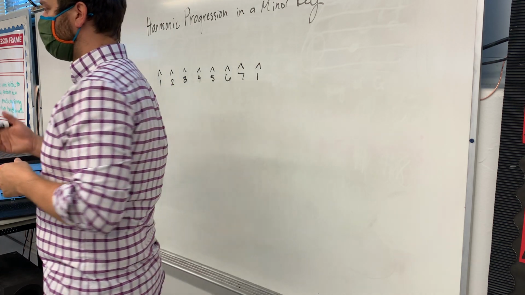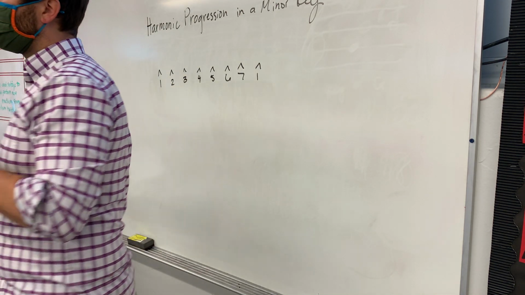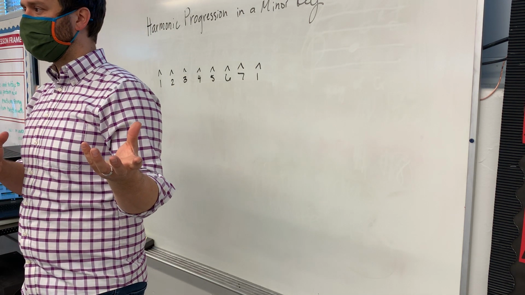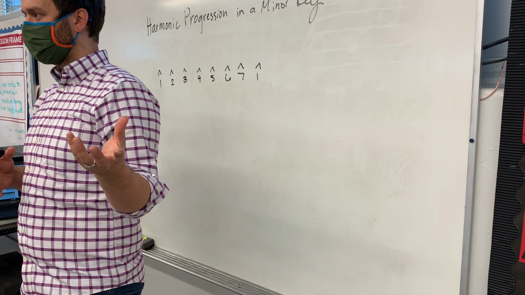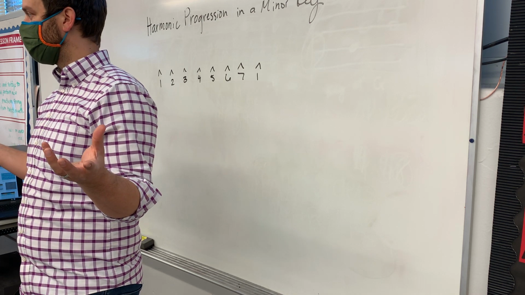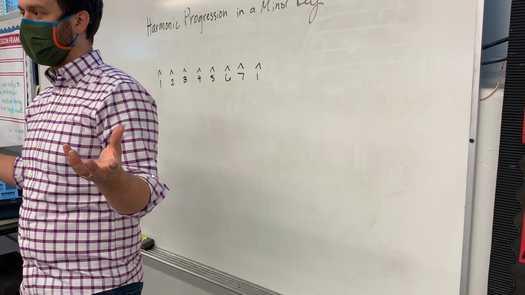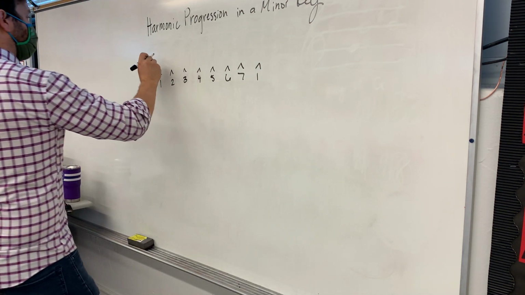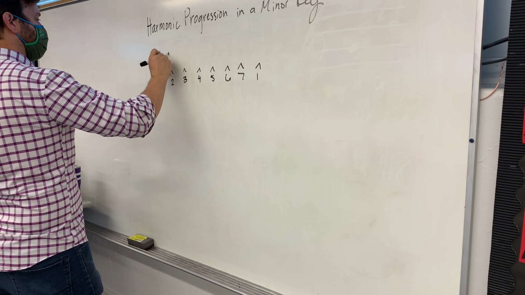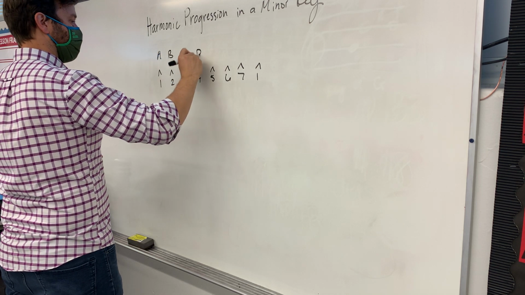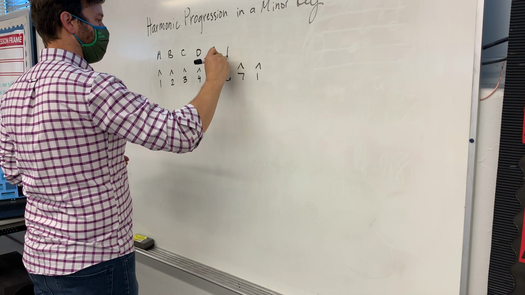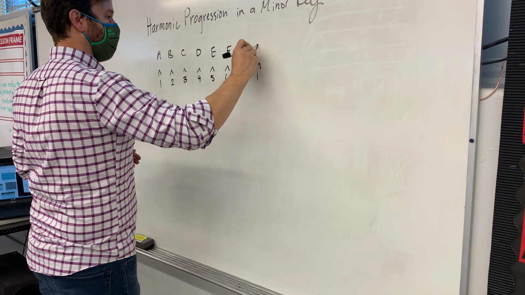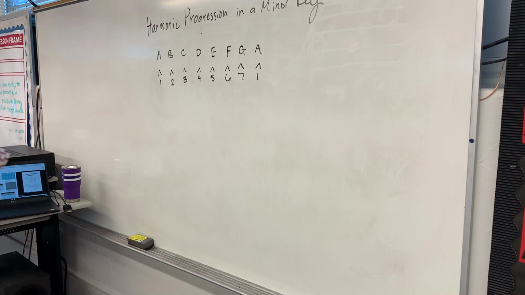A, right. So A minor correlates to the key signature of C. They have the same key signature. There are no sharps or flats in A minor. So we'll just start there. A, B, C, D, E, F, G, A. That would build our minor scale, and it sounds like this.